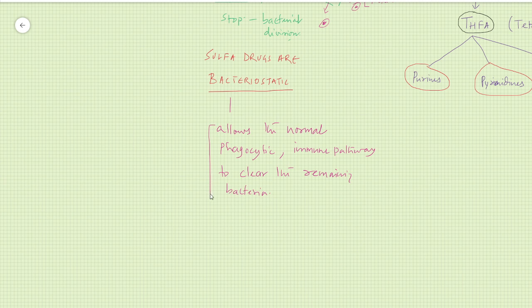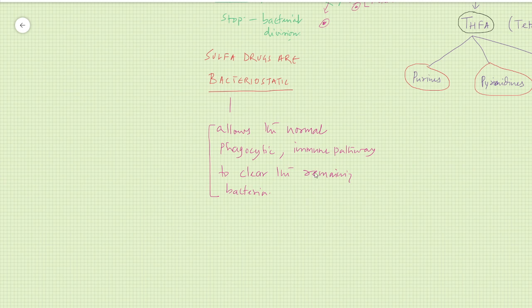So that is the use of a bacteriostatic drug. So what does it do? It does not allow the bacteria to multiply, and if it does not allow the bacteria to multiply, the number of bacteria that are present will be removed by the normal phagocytic and the immune pathway in our body.